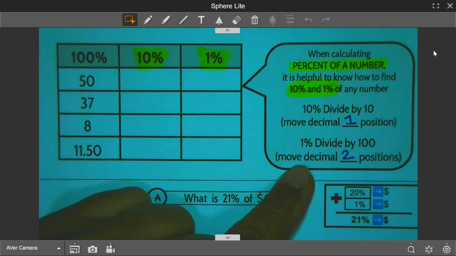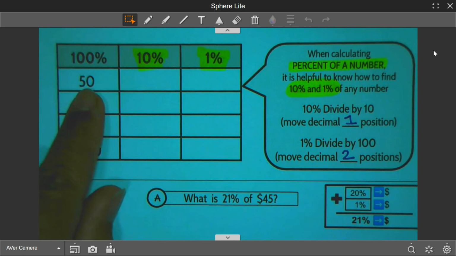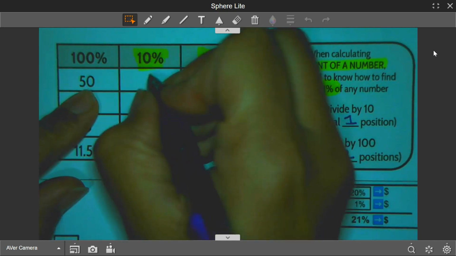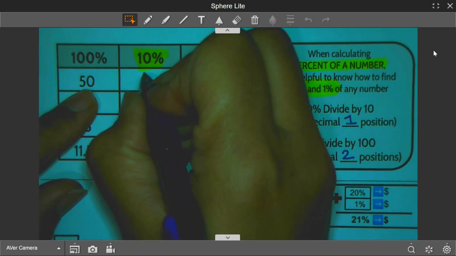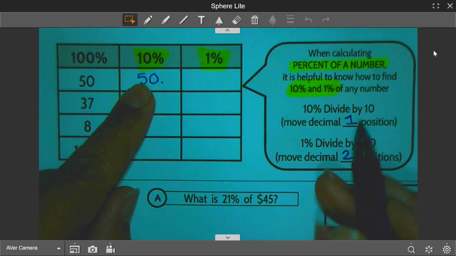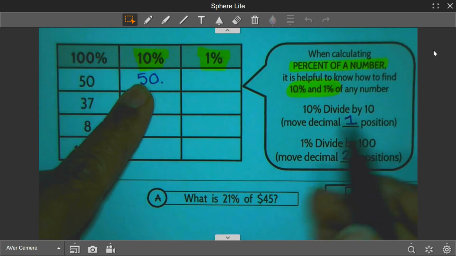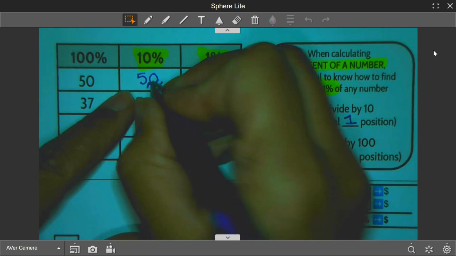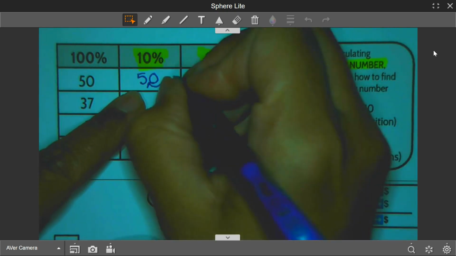Okay, so if I have $50 and I am calculating 10% of that, that means I would need to move the decimal, or I would take 50 and divide it by 10. Doing that, the decimal position is now here. So that is 5.